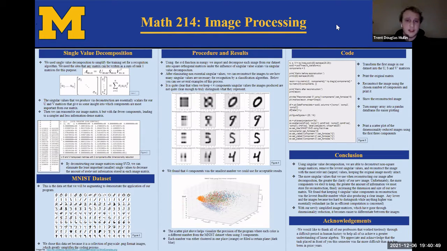We can see that below 4 components or singular values, it's pretty hard to distinguish what the number is, and it's hard for the algorithm to distinguish it as well. But when we use 4 or 10, as in the last column to the right, they become pretty crisp and recognizable. To reiterate, we found that 4 components was the smallest number for acceptable, recognizable results.